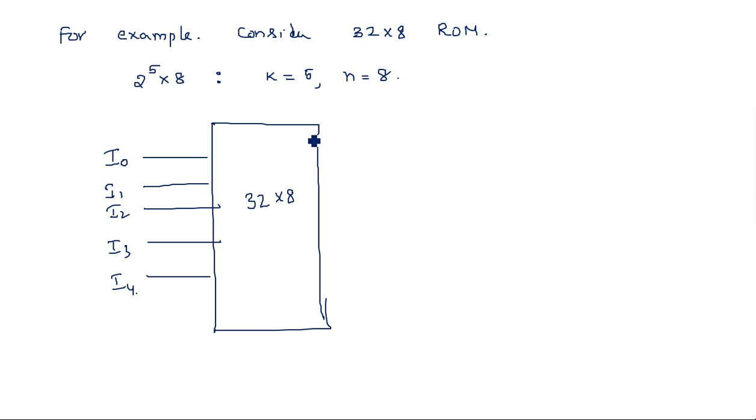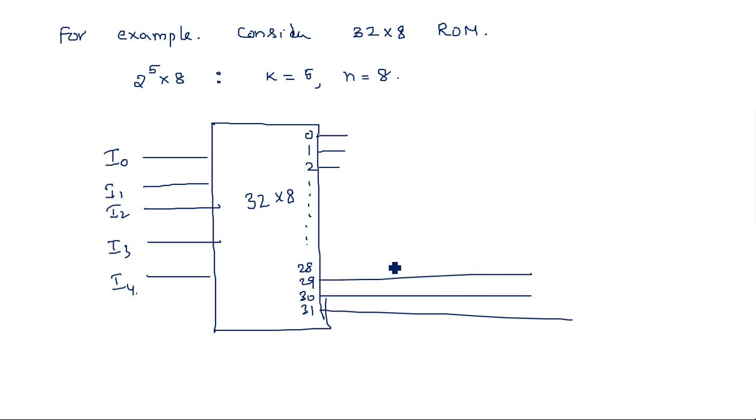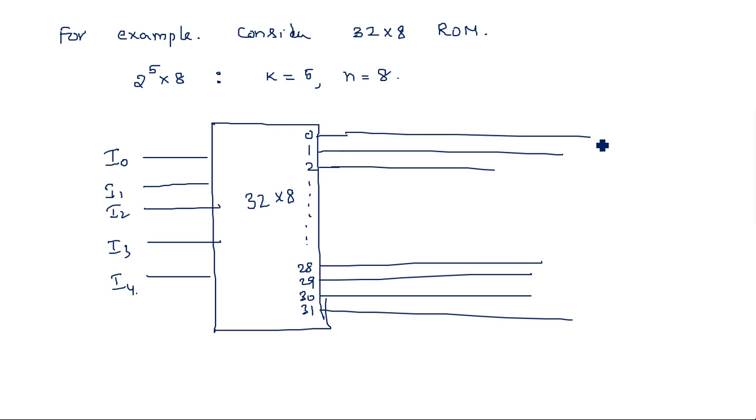Here we have 0, 1, 2, and so on, up to 28, 29, 30, 31. So totally we will have 32 horizontal lines.